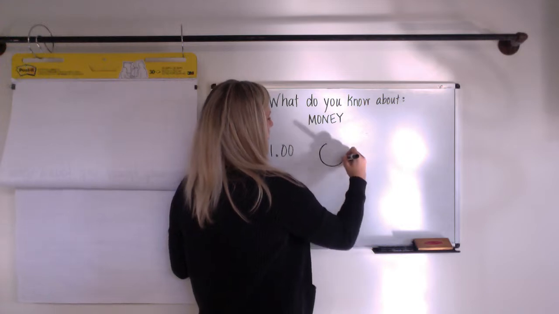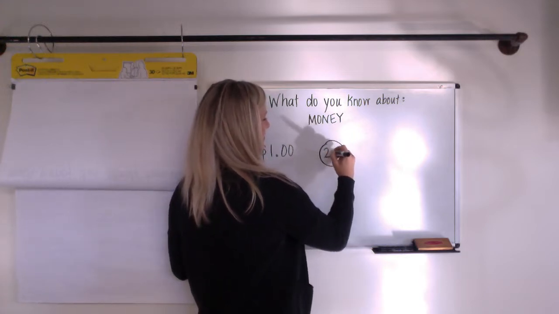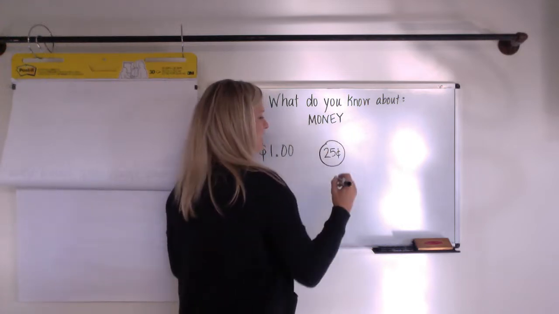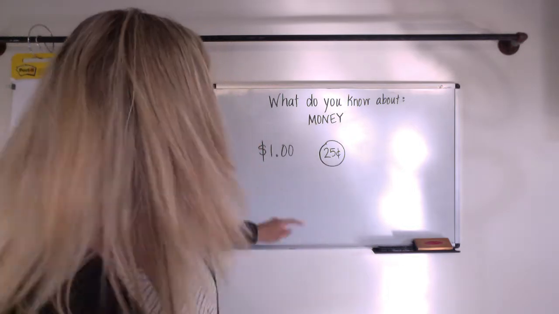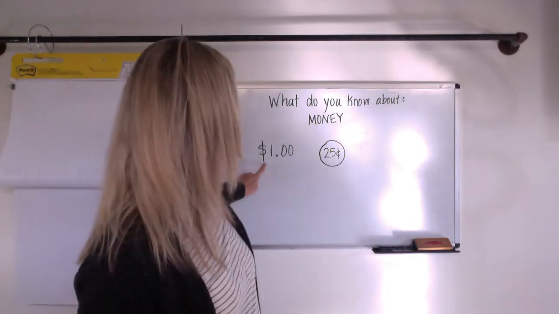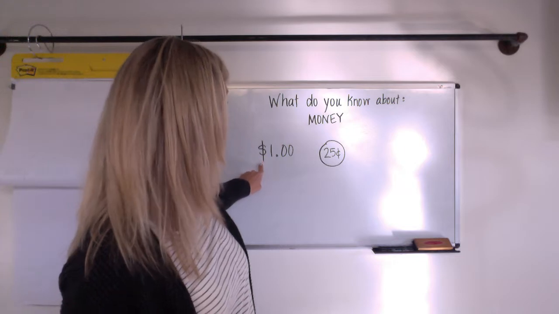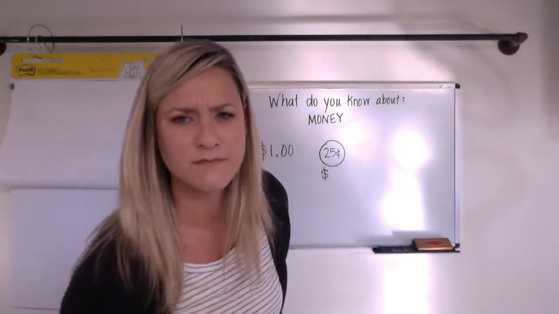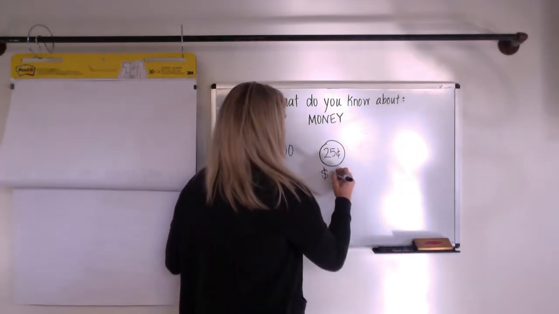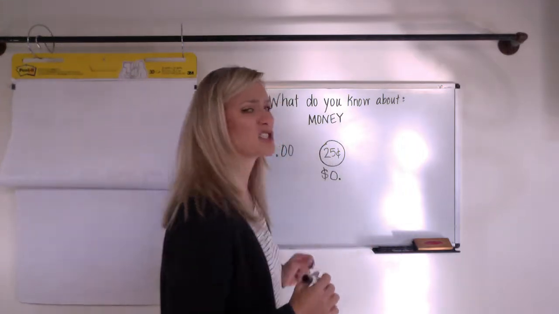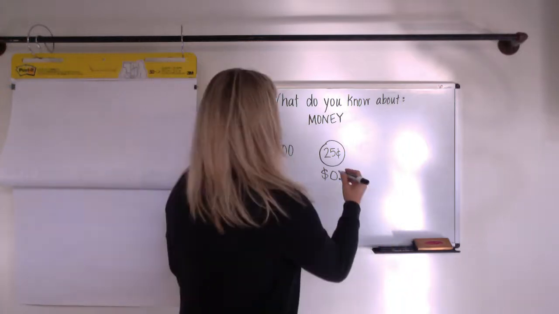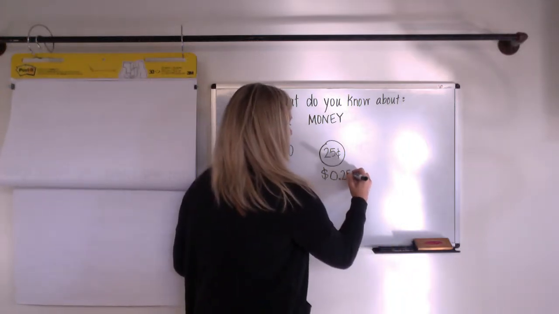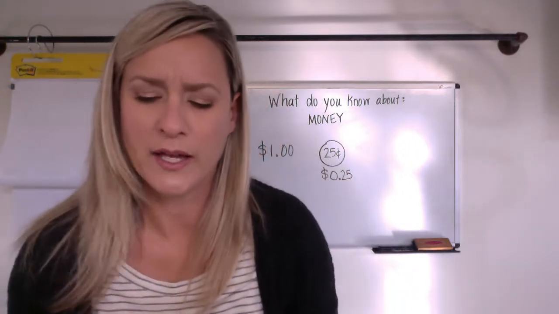So I'm going to draw a quarter like this, and I'm going to put 25 cents. Now, if I wanted to show it all fancy pants, like I did here with my dollar sign, I could say, well, it's worth no dollars. And it's just worth some cents. So I'm going to put 25 cents right there. That's all it's worth.